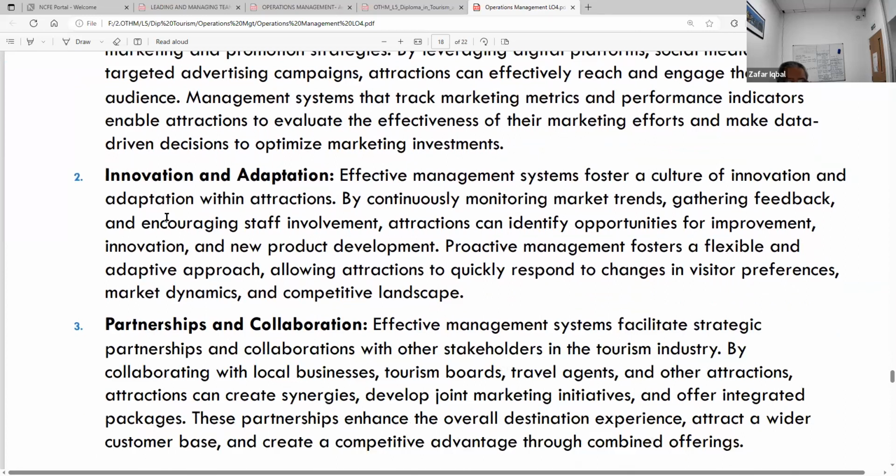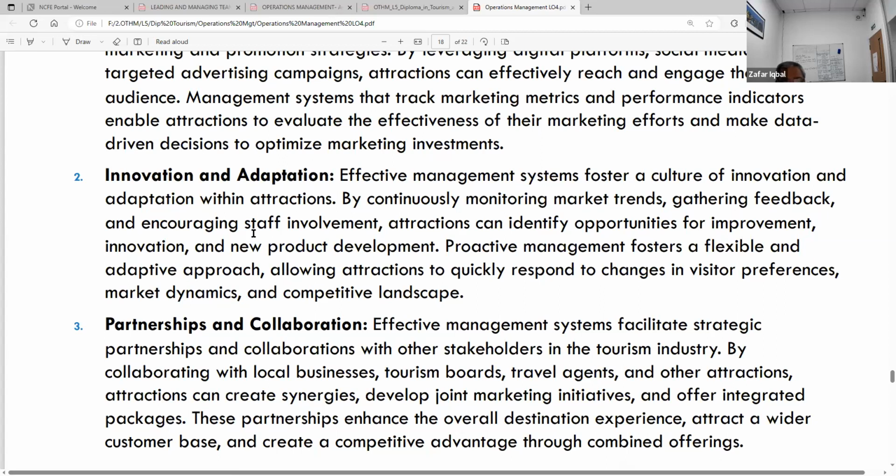Okay, innovation and adoption or adaptation. Innovation means are you creating a kind of new systems, or new plays, or introducing new kind of attractions within an attraction, or for example you are introducing some kind of novel things in the place as never used before.